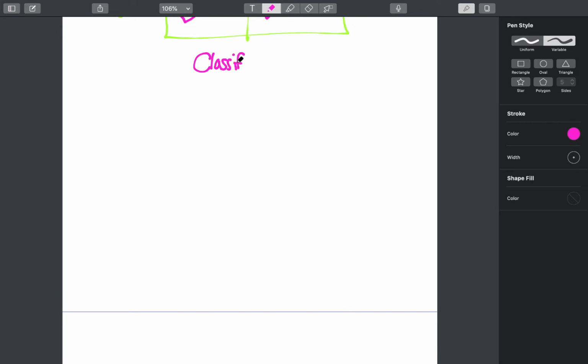So classifying matter. All right, so matter can be classified in two different ways. It can be classified in more ways, but we'll only consider two. The first is by its phase.